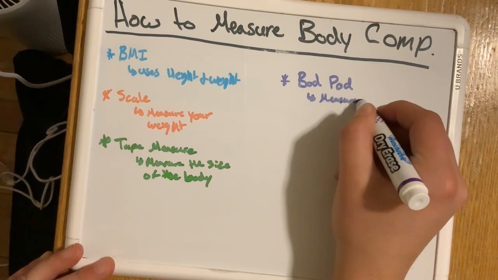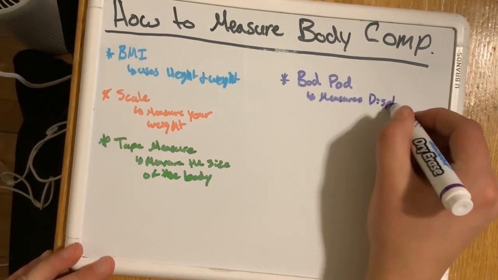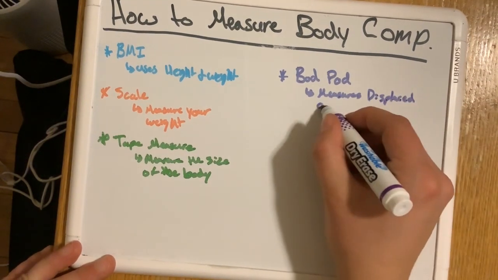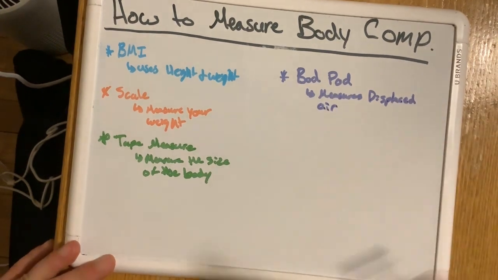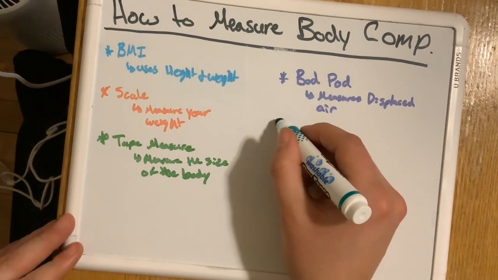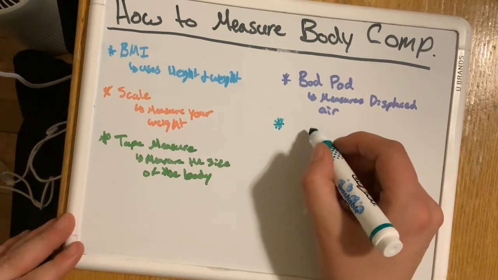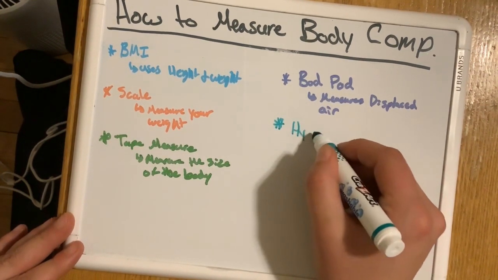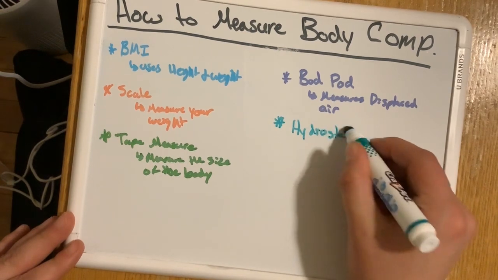Now, Bod Pod, it looks kind of like a robot, or like a bubble. That one measures the air displaced. So this one has a lot more of a scientific process behind it, so it can be more accurate. Then there's hydrostatic weighing.